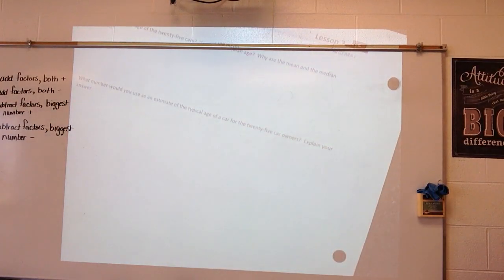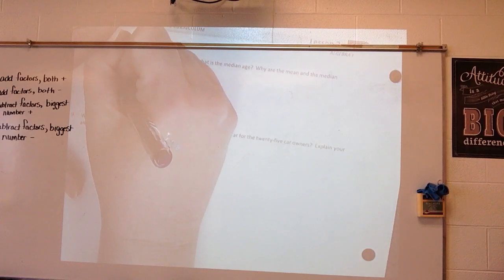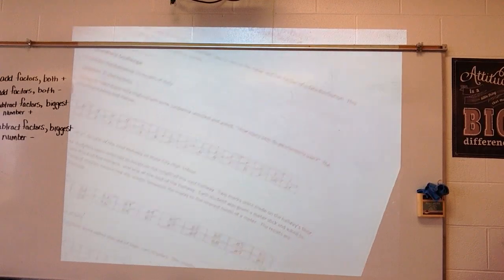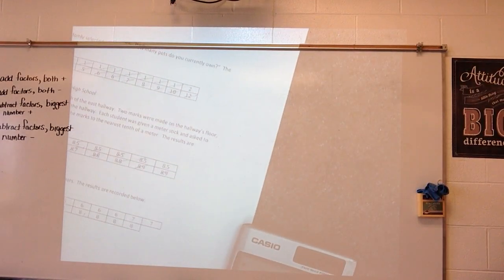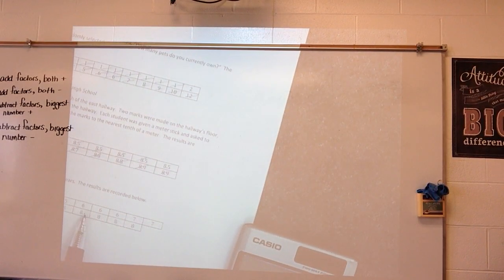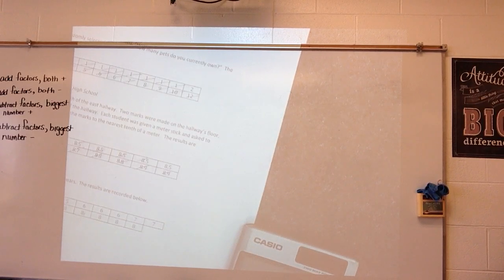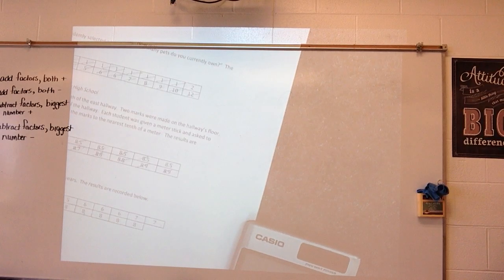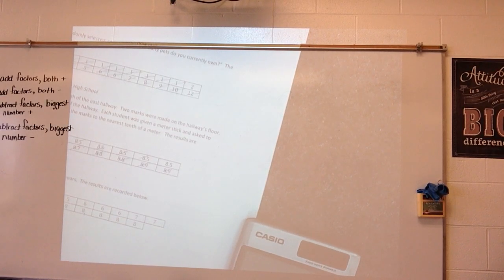What is the mean age of 25 cars? Alright, so let's do our mean. So let's see, I've got 8, so 64. 6 plus 42. 18 is 10, is 4, is 3, is 4, plus 1.